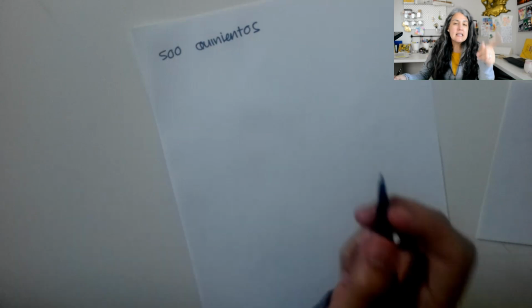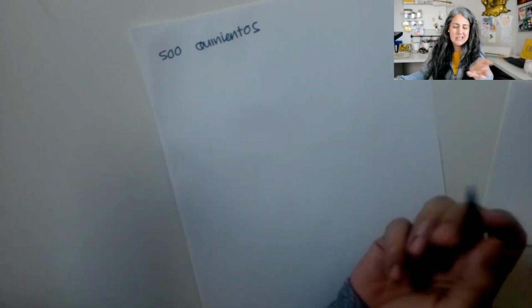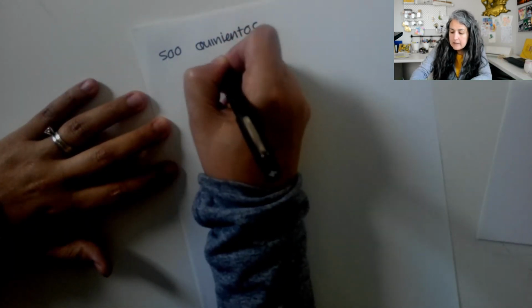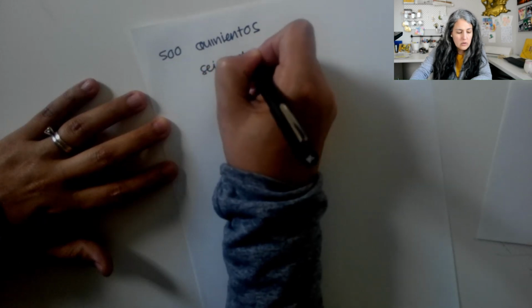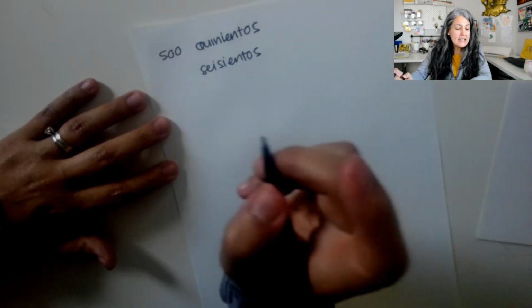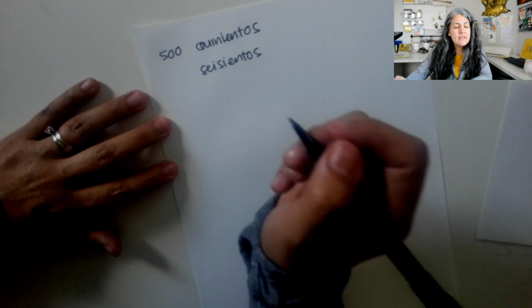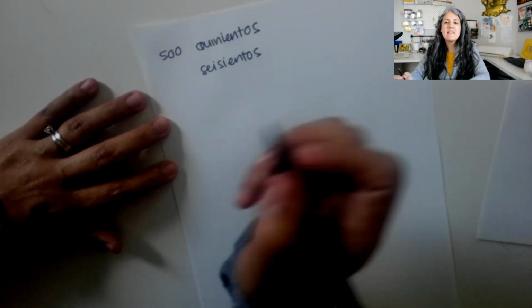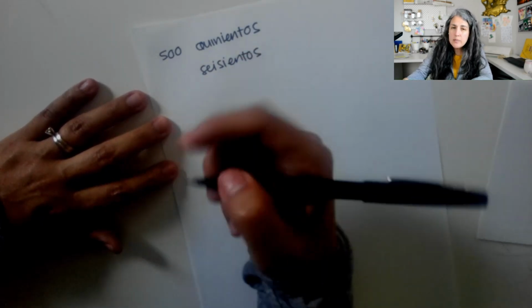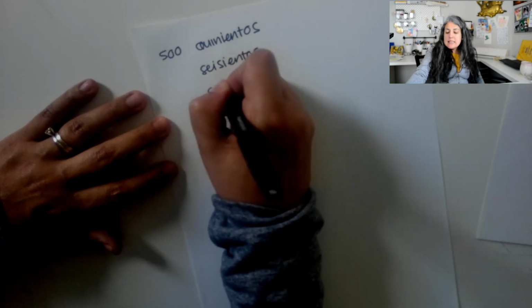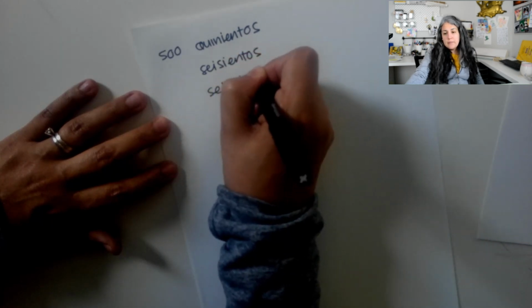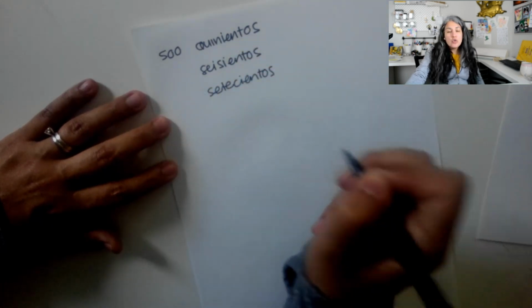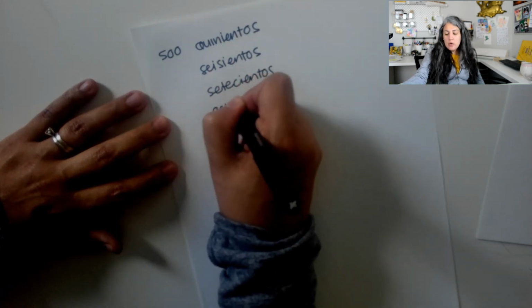Then we have 600, which is seiscientos. Then we have 700. Instead of sietecientos, we have setecientos. It comes from a Latin root. 700. 800, the same word, ochocientos.